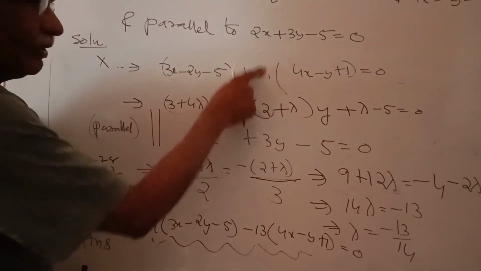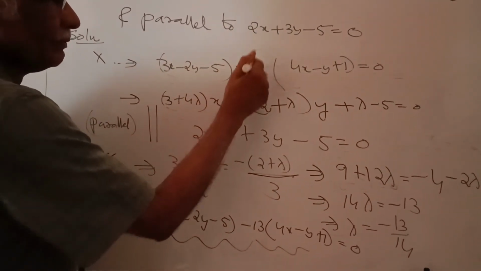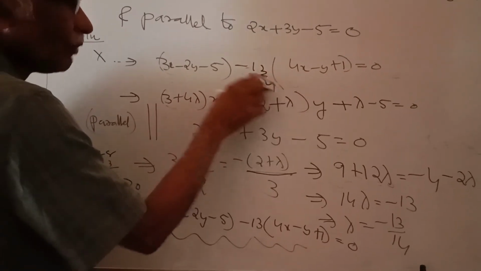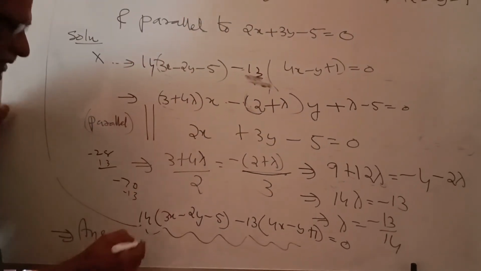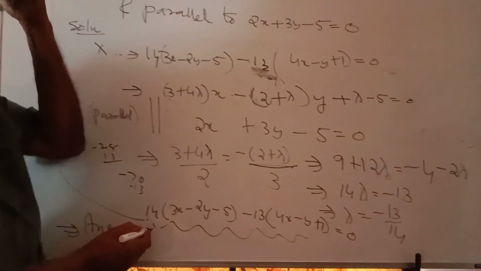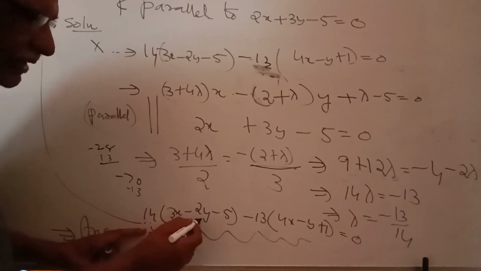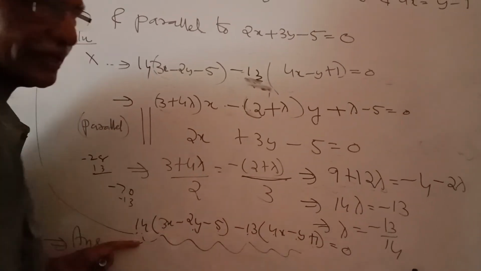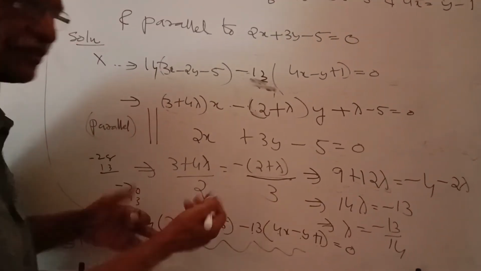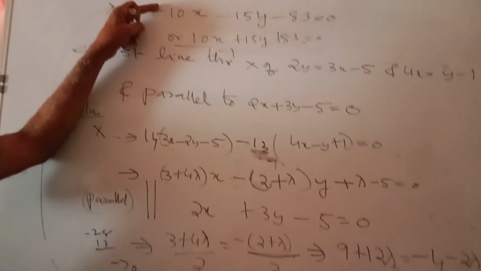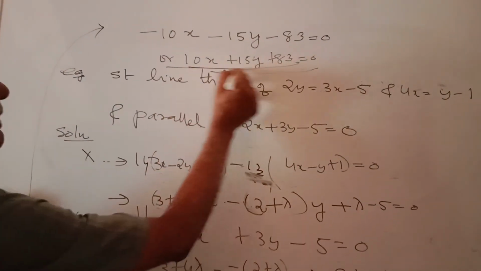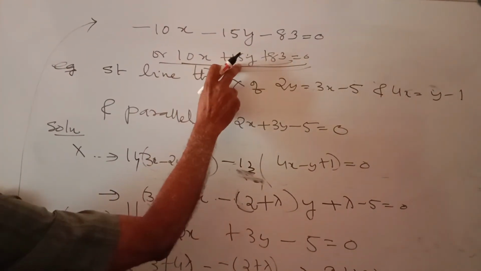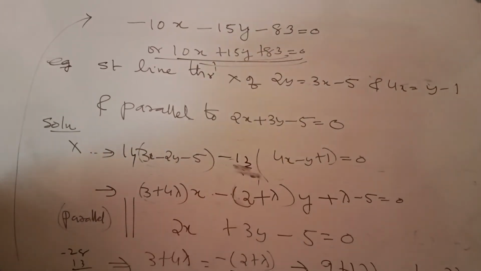When you put minus 13 by 14, this 14 goes over here. We do it in our brain. So 14 into (3x minus 2y minus 5) minus 13 into (4x minus y plus 1) equal to 0. We need only simplify. Finally, the answer is 10x plus 15y plus 83 equal to 0.